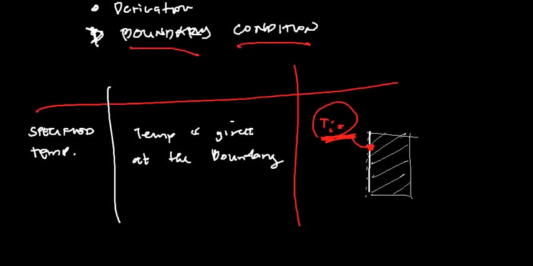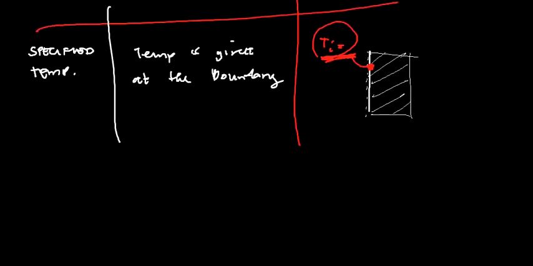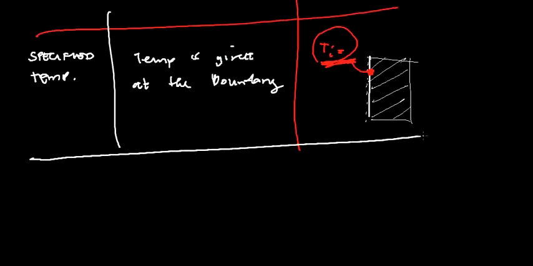Aside from the given temperature at your boundary, say we have another boundary condition in terms of heat flux.